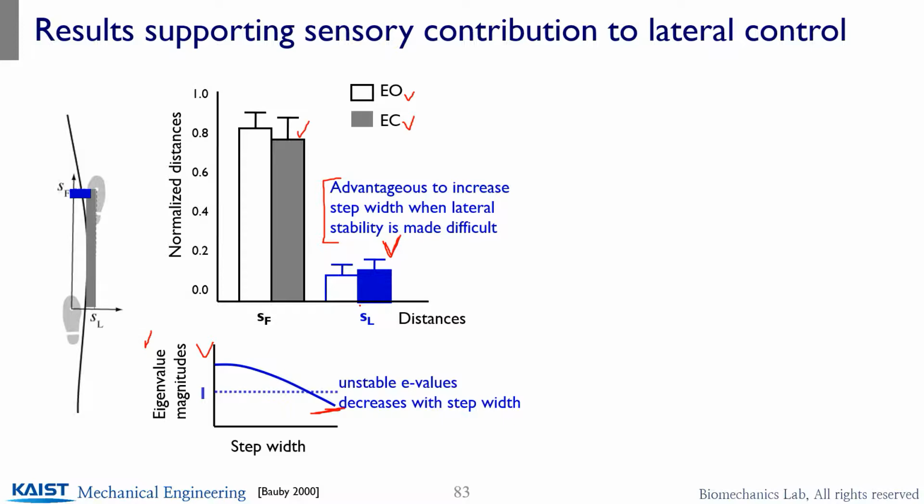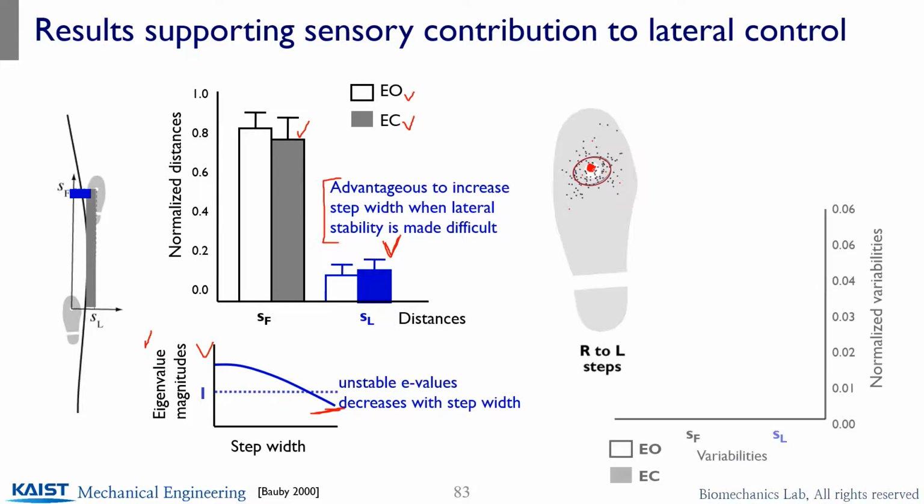Not only the step length measure, we can also examine the variability. Suppose the average step foot placement point is here, but over 100 steps, your steps will be distributed with respect to the average value, and the variance measures how variable that is.